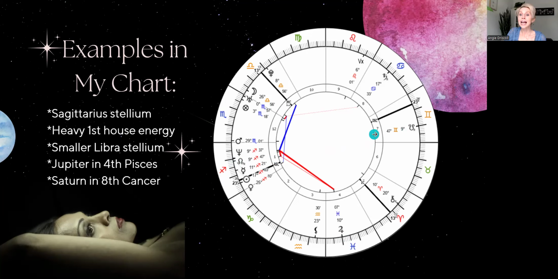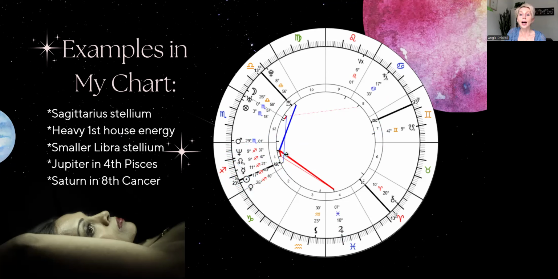So the South Node here is in the 7th house of long-term relationships, in the Gemini 7th house, which means that all of this first house energy is not necessarily a comfortable place to be. It takes time to grow into this. It takes a lifetime to move across the chart from your South Node to your North Node.